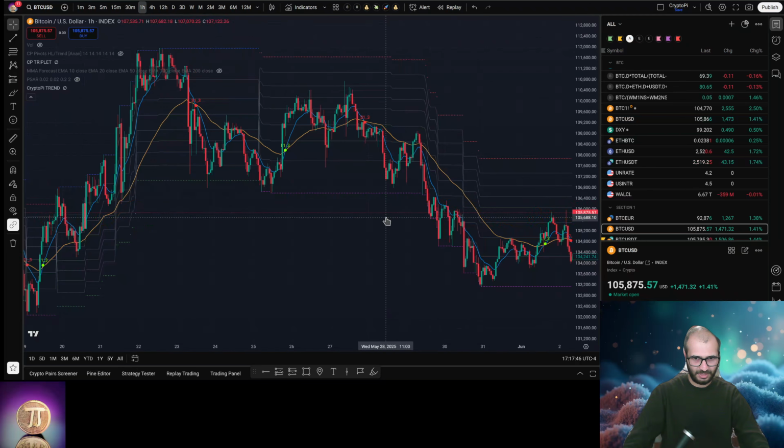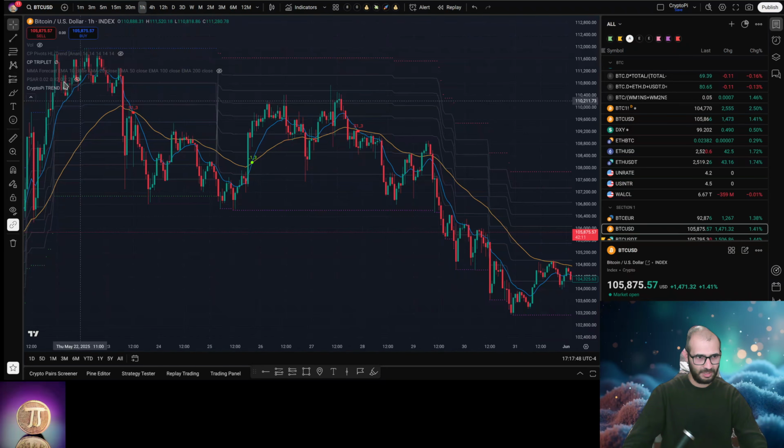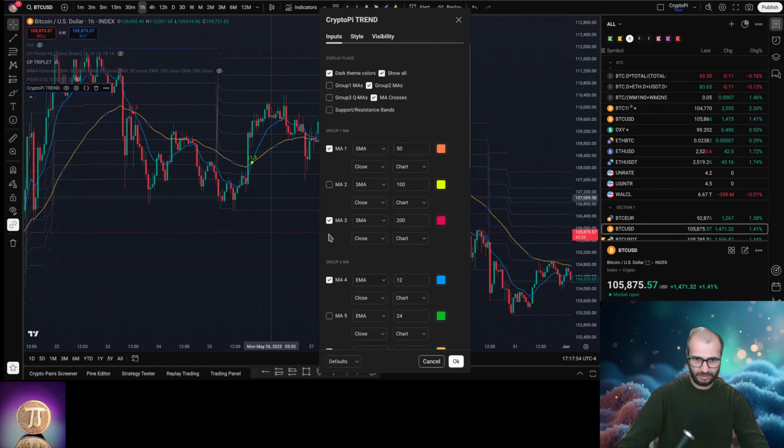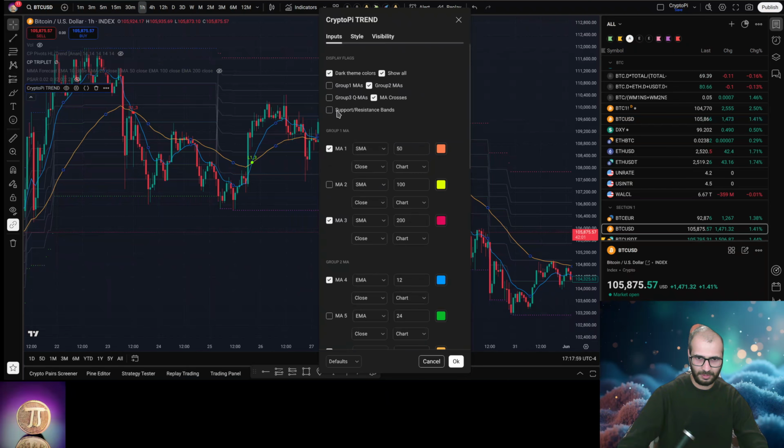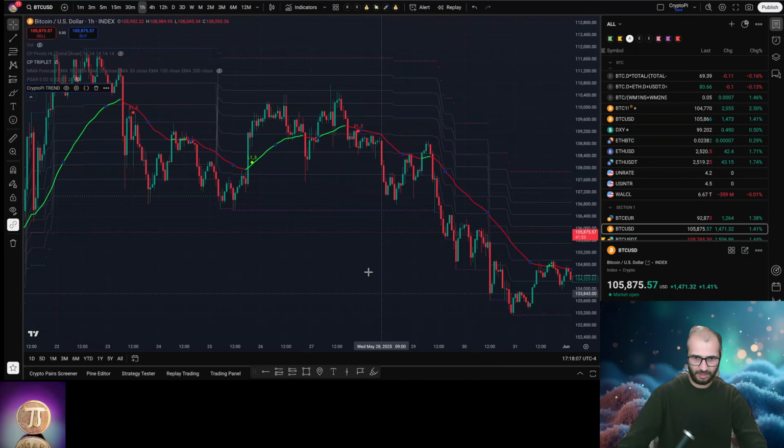Let's take this one, but I want to also show not with the crossover, or we still keep the crossover, but we will use the quick MA, and we can hide group 2.